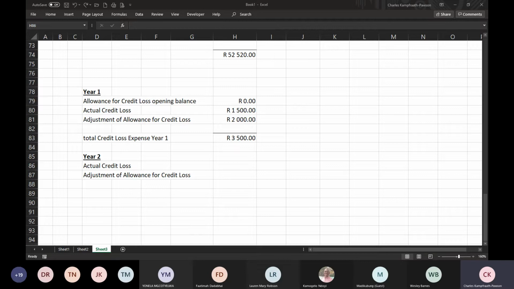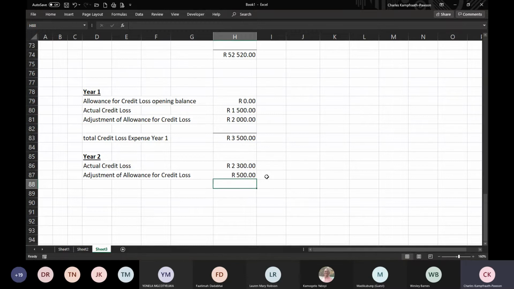Let's say this year we had actual credit loss of 2,300, and we saw that the allowance of 2,000 isn't sufficient anymore. We'll have to top it up from 2,000 to 2,500.